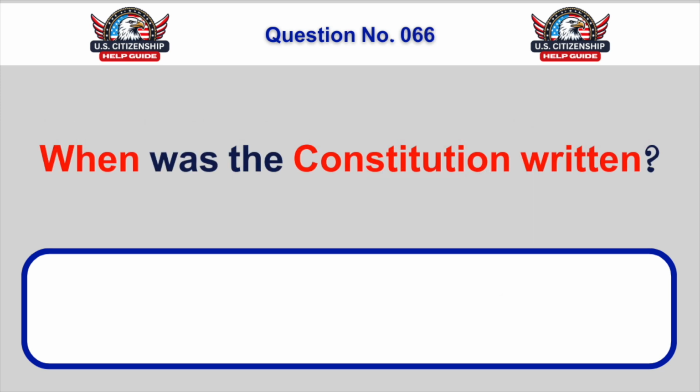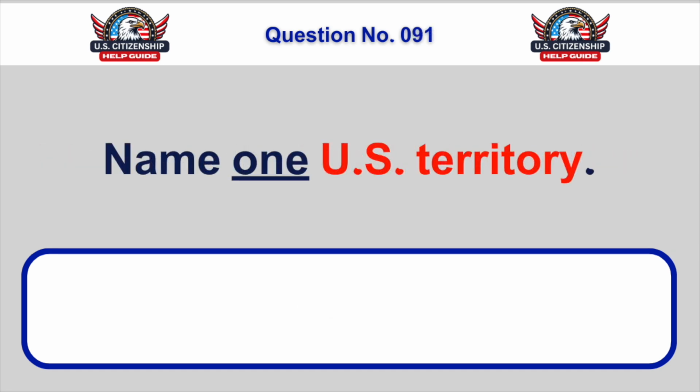When was the Constitution written? 1787. Name one U.S. territory. Guam.